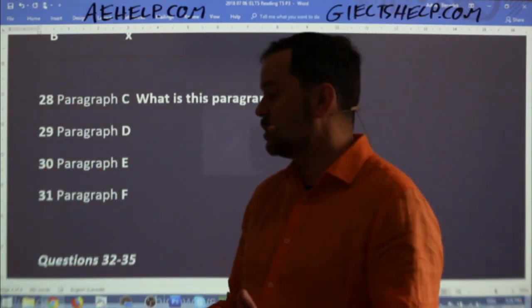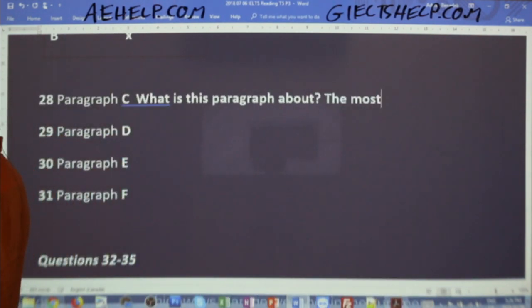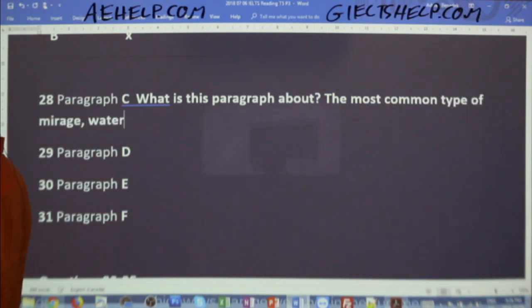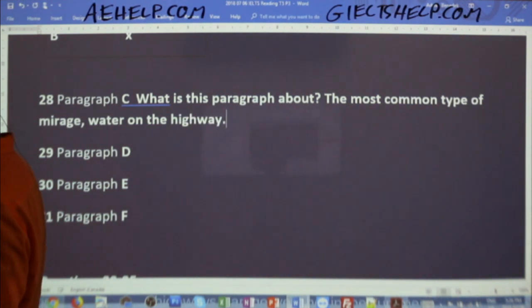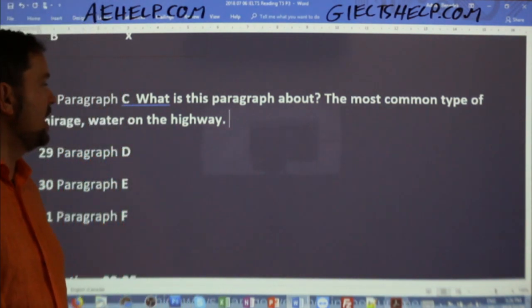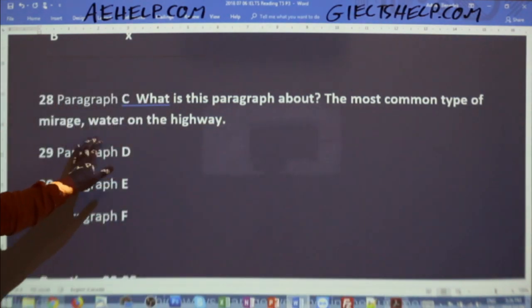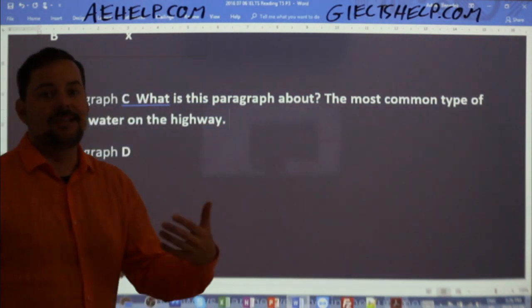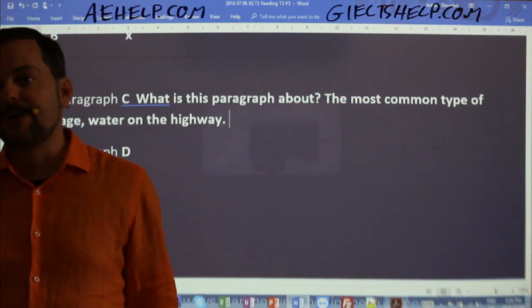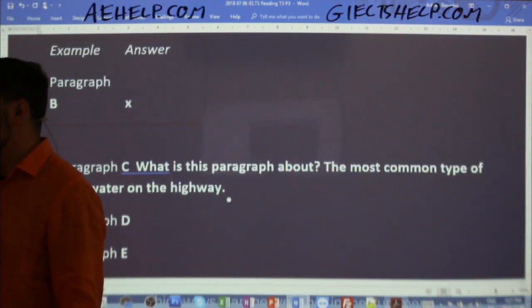It's talking about the most common mirage, which is driving down a highway. And I'm sure lots of us have seen this when we're driving along on a hot day on a straight highway. So what is this paragraph about? It's about the most common type of mirage, water on the highway, right? Not the desert, but water on the highway, all right? That's the easiest way to think about it. What is it about? It's about that one.